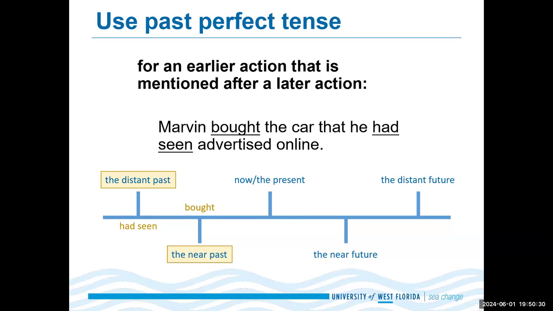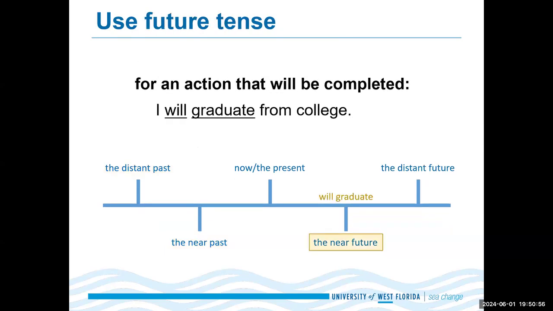Wala siyang knowledge about the car. But then, when he had seen it advertised online, that's when Marvin bought the car. All right. So it was an earlier action that is mentioned after a later action. So that means past perfect tense. Okay. Next, we have future tense.